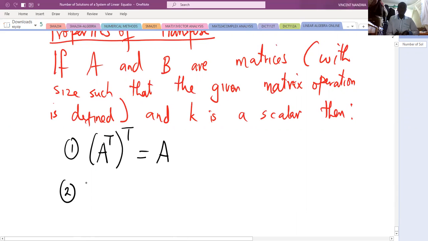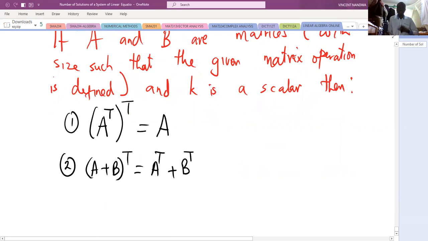And then number 2, A plus B transpose is A transpose plus B transpose. So transpose of a sum is the same as the sum of the transposes.